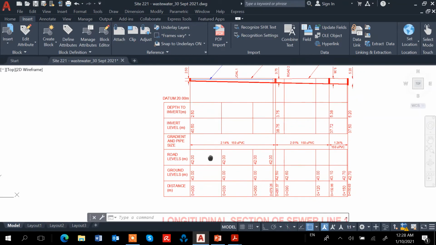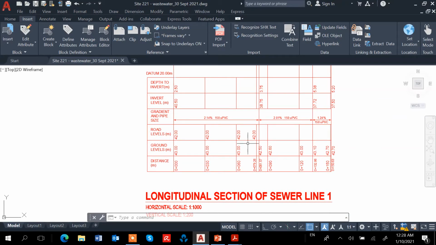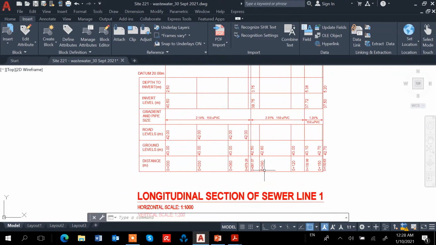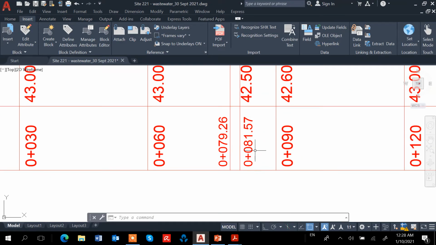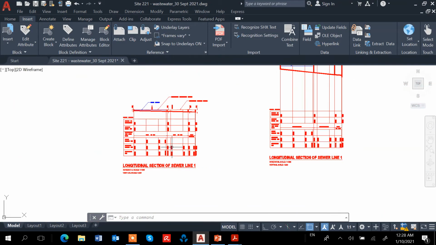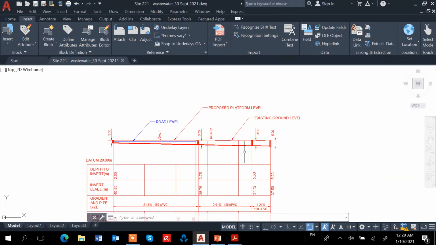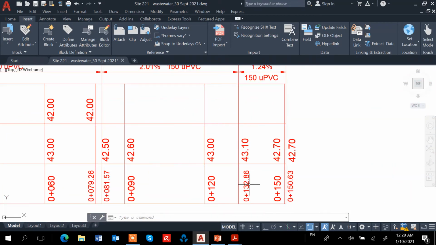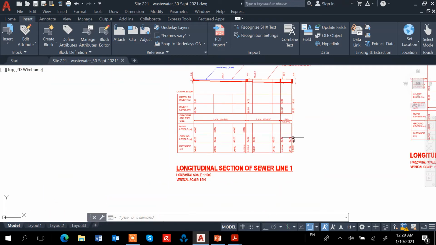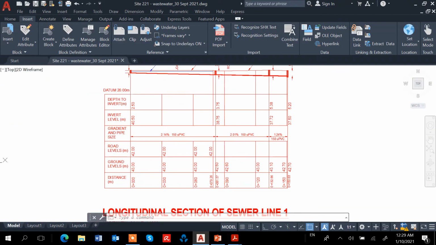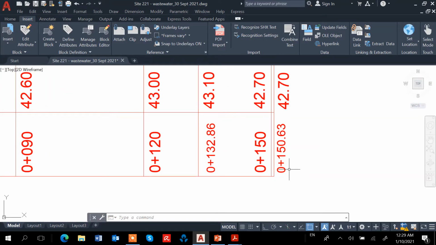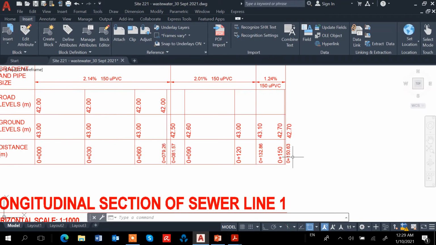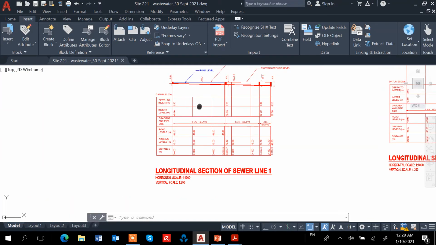The second manhole, in this case, measures at a distance of 81.57 from the first manhole, the third manhole is 132.86 from the first manhole, and the last manhole here is 150.63 from the first manhole.